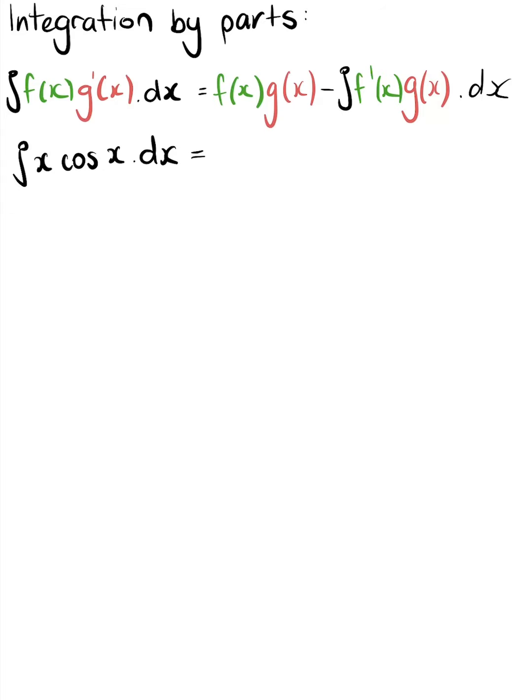So the formula given to us is that the integral of some function of x, f of x in this case, multiplied by another function, g of x, that one's derivative with respect to x, will actually turn out to be f of x, a function of x, multiplied by a function g of x, so a different function, minus the integral of the derivative of f of x multiplied by g of x, all with respect to x.